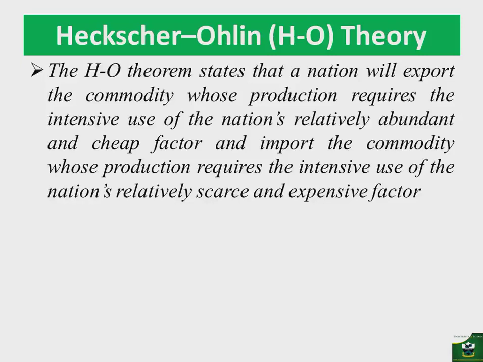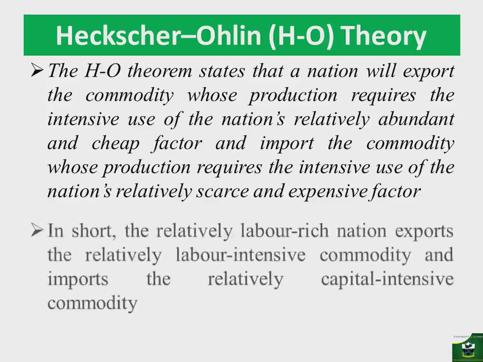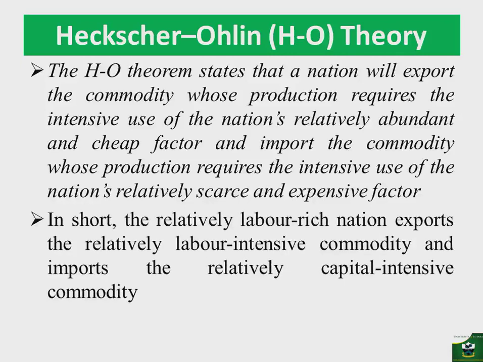What we are saying in short here is that the relatively labor-rich nation exports the relatively labor-intensive commodity and imports the relatively capital-intensive commodity. If Zambia, for example, is labor abundant, meaning it has more labor, it means that Zambia will produce the commodity that responds more to labor and therefore export those commodities.